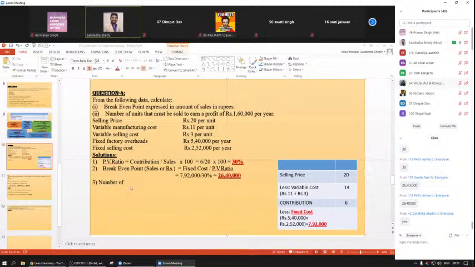Go for the third question. Number of units sold to earn a profit of rupees 1,60,000 per year.